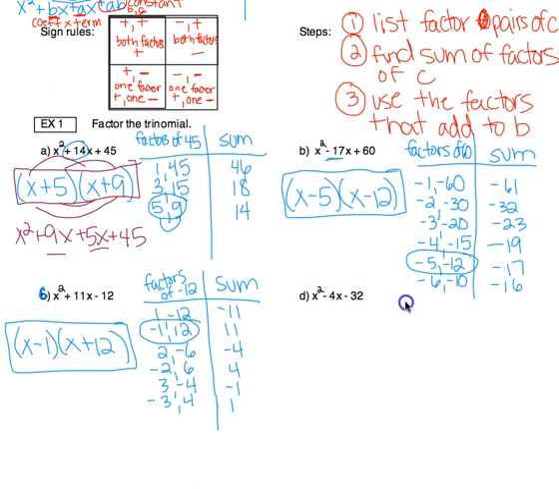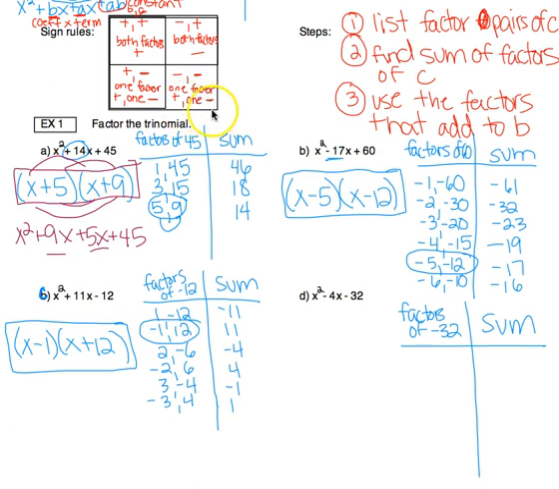Last one. Here we are looking for factors of negative 32. And when I'm looking at this, always check your sign rules. I have negative, negative.